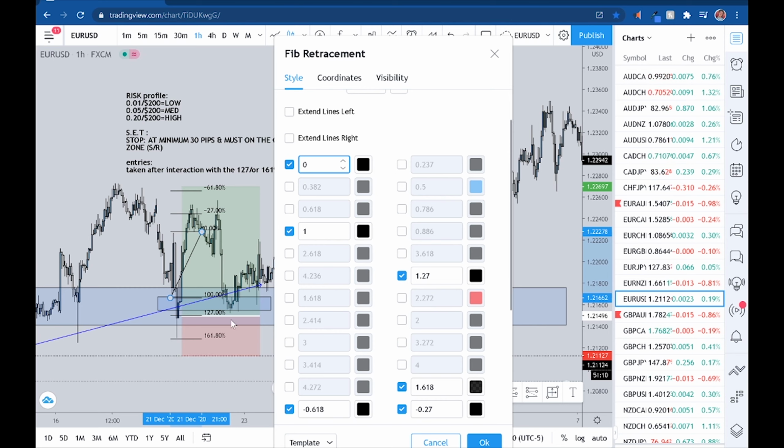So I have 0, 1 to cover the low and the high, and then 127 and 161 to cover the extension areas, negative 0.27 to cover the high, and negative 0.61 to cover the other TP area, the other liquidity zone area that is being formed up in these places.